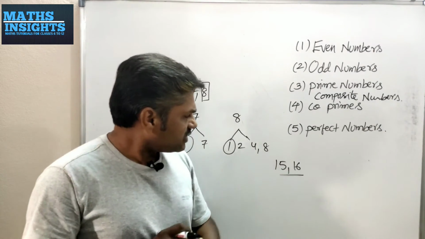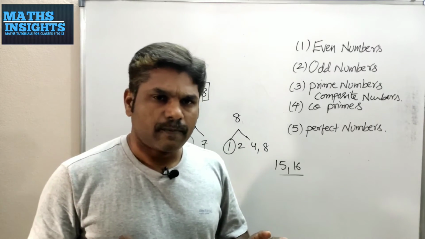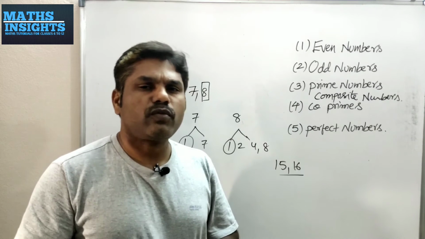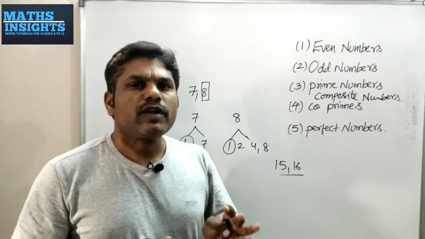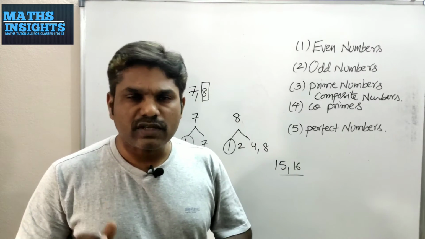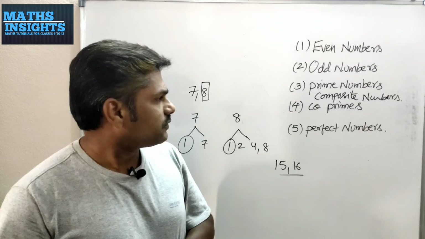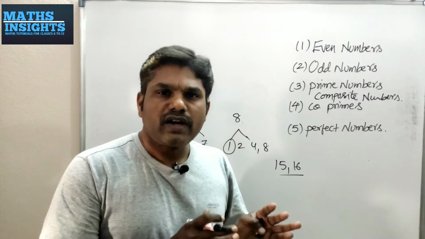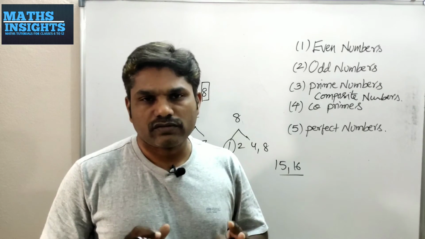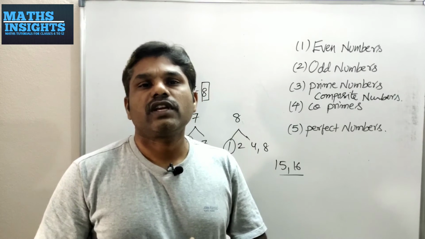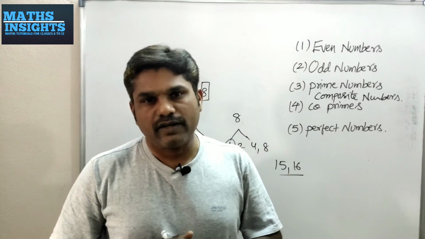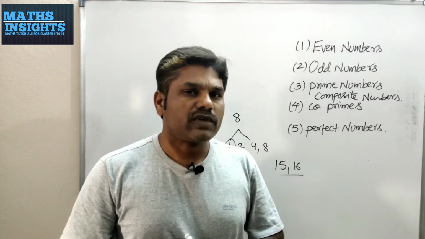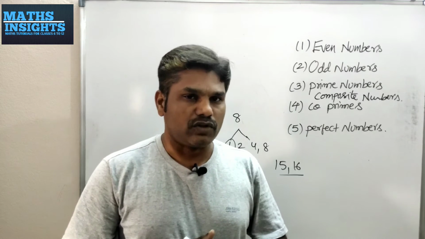Similarly, 15 and 16 are also not prime numbers, but they are said to be co-primes. And the number of prime numbers between 1 and 100 is 25. If you take between 1 and 50, there are 15 prime numbers. You may count and check them also.